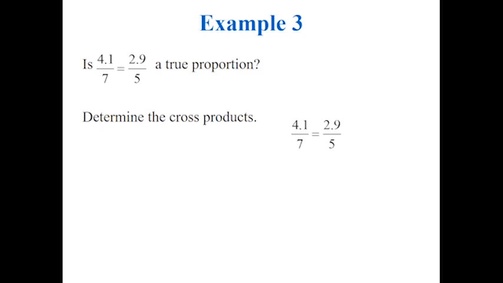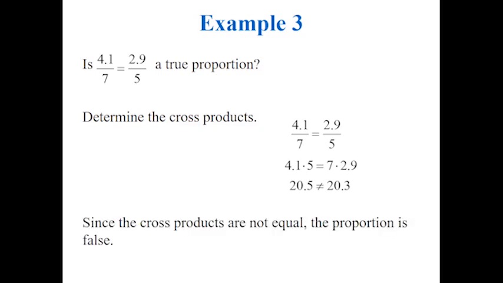So cross producting this, 5 times 4.1, 7 times 2.9. They're close. 4.1 times 5 is 20.5. 2.9 times 7 is 20.3. They are close, but no cigar. They are not the same. It is not a true proportion. The proportion is false.